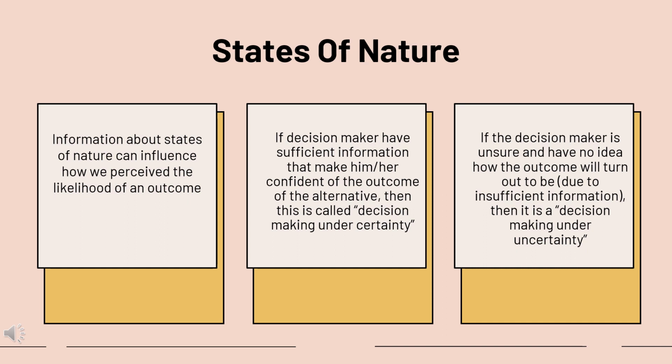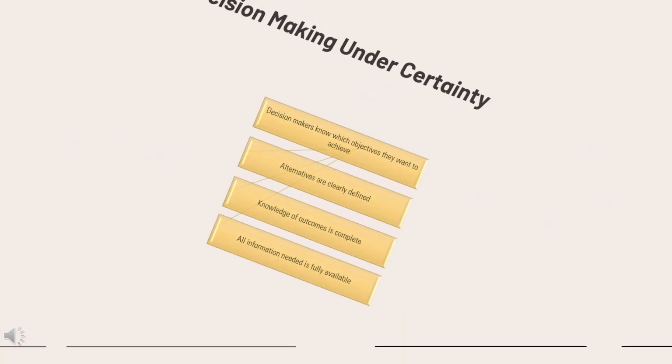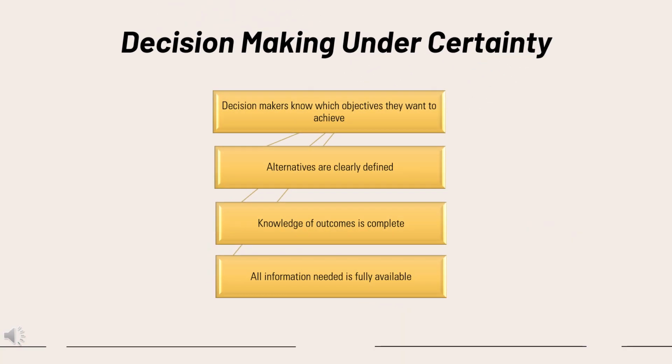If the decision maker is unsure and has no idea how the outcome will turn out to be, which is due to insufficient information, then it is decision making under uncertainty. Here, you can see the result of decision making under certainty and decision making under uncertainty.